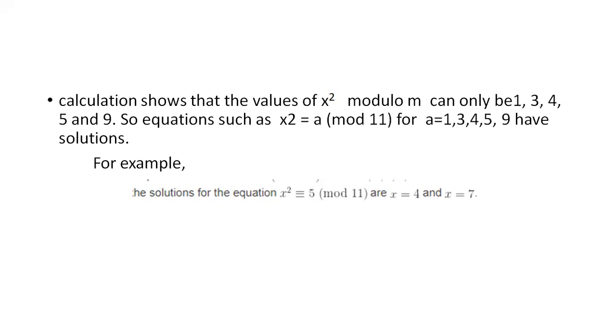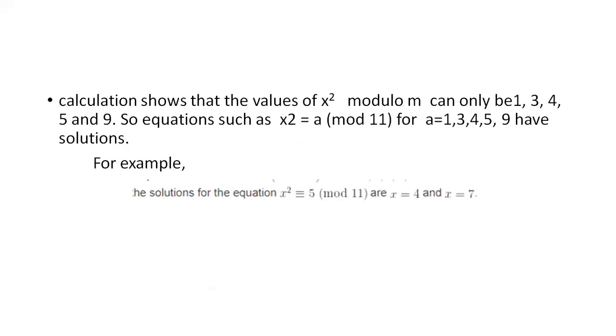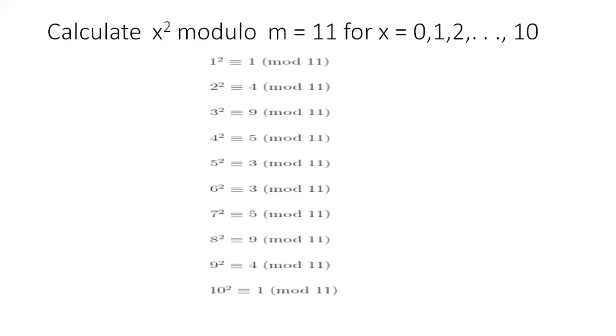Then, does the equation x square congruent to 5 mod 11 have a solution or not? We see here. With respect to 5, the different values of x we are getting are 4 and 7. So 4 and 7 are the two solutions. When x is 4, x square gives 5, and again when x is 7, x square gives 5.